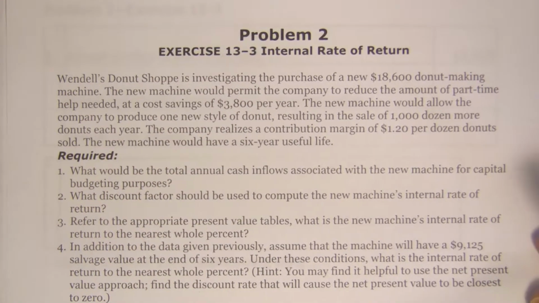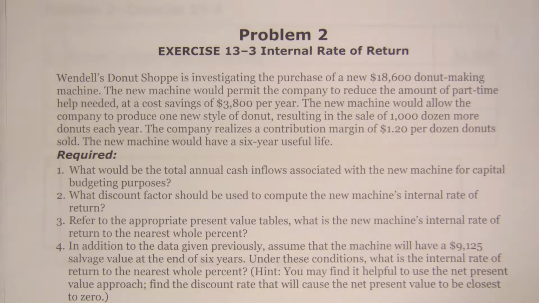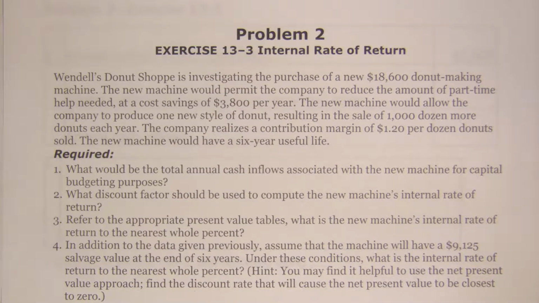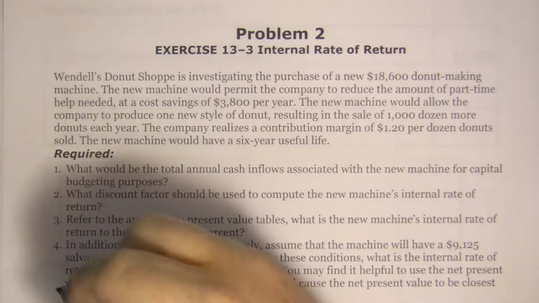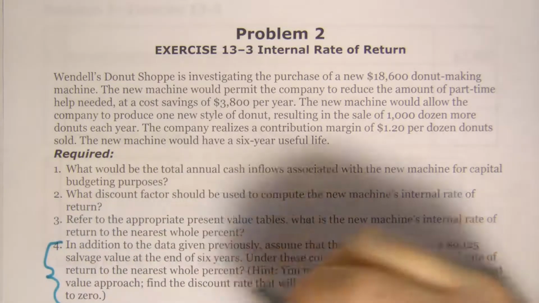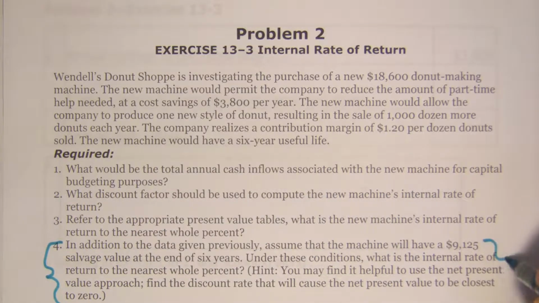Problem 2, exercise 13.3 in your text, talks about the internal rate of return. There are a couple of things we have to go through. We have to figure out what they're doing and figure out what the rate is. For our purposes, I'm going to talk about this, but it really is a screwball thing to do.